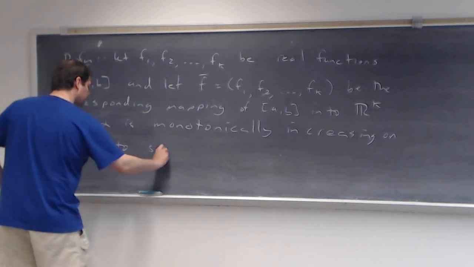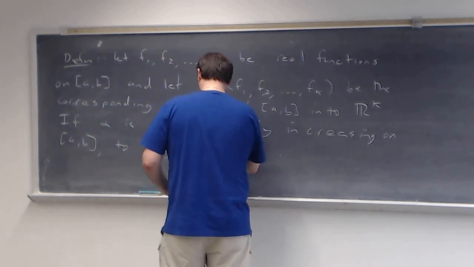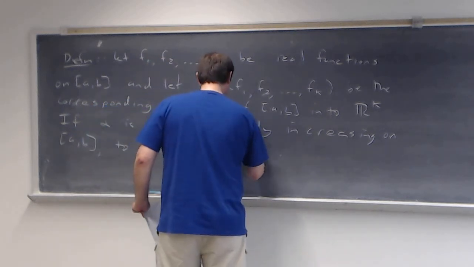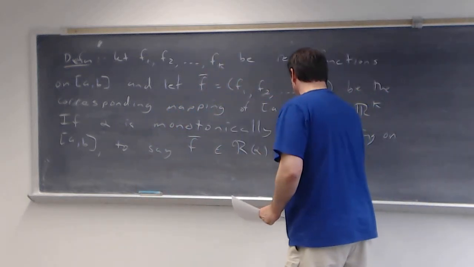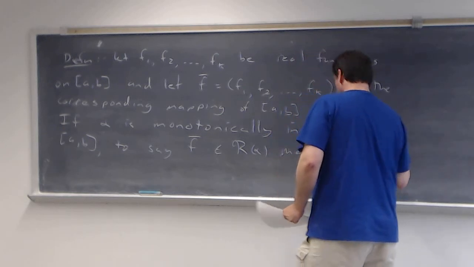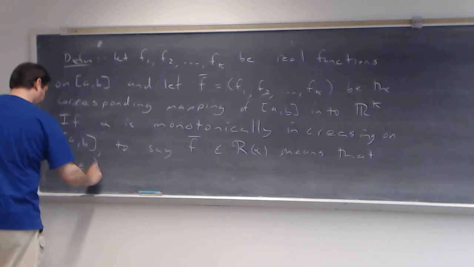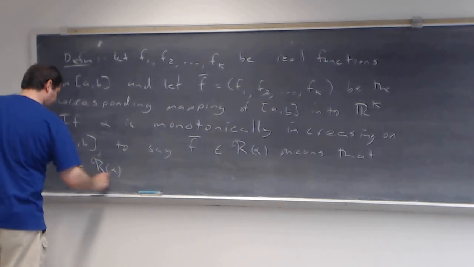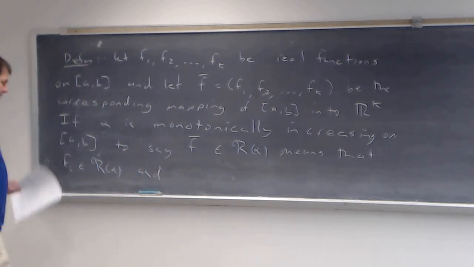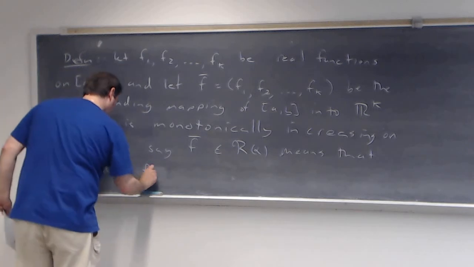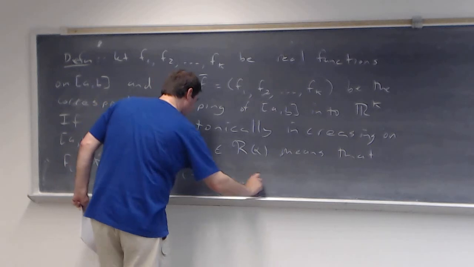To say f bar is an element of the Riemann-Stieltjes integrable functions with respect to alpha on [a, b] means that f sub i is an element of the Riemann-Stieltjes integrable functions with respect to alpha on [a, b] for i equaling 1, 2, all the way up to k.